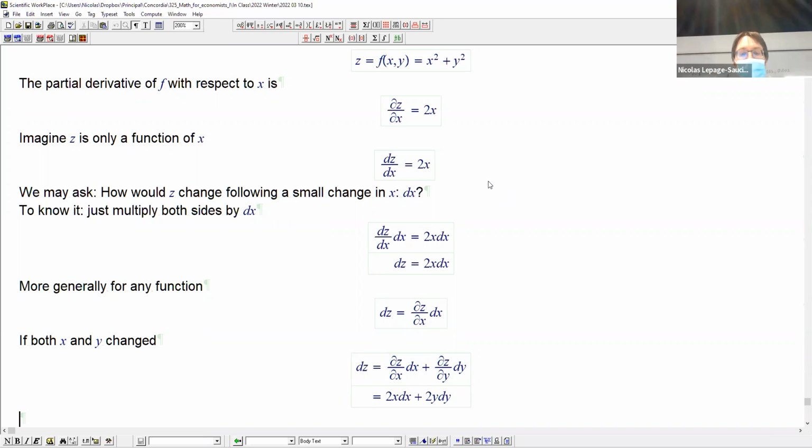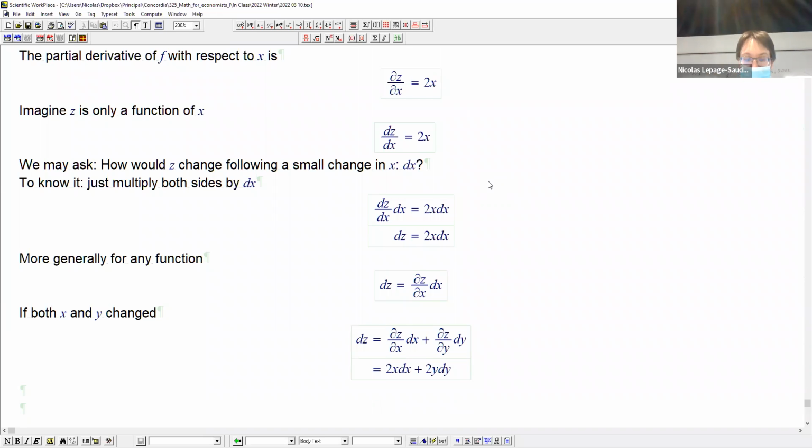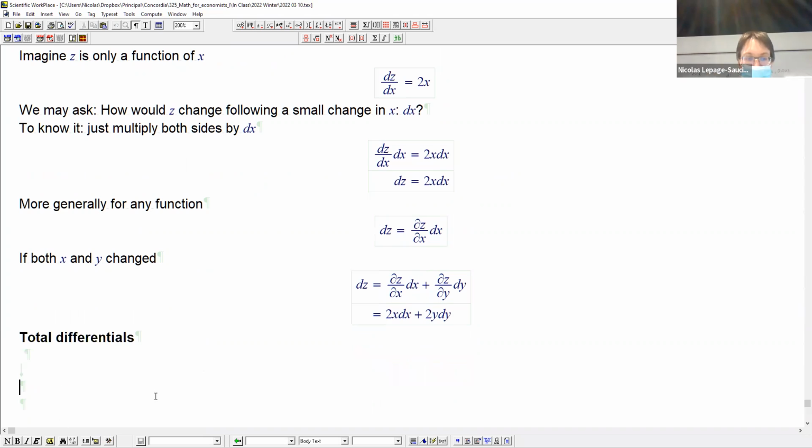And now we can just formalize what I just introduced here. So, total differential. Assume the function y is a function of x1, x2.